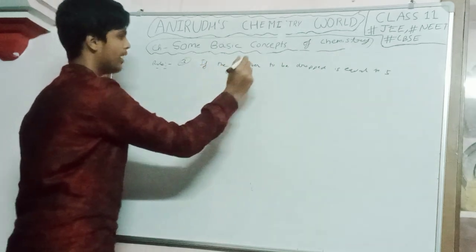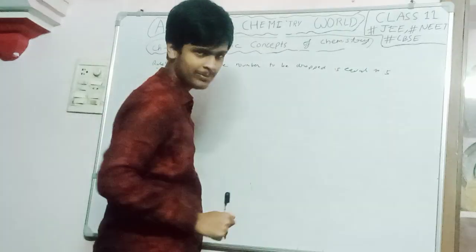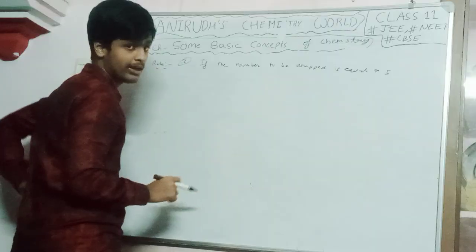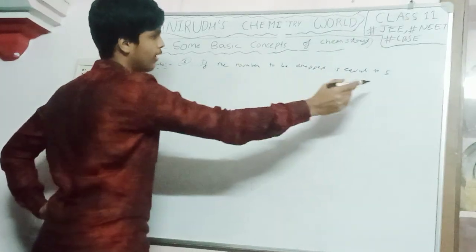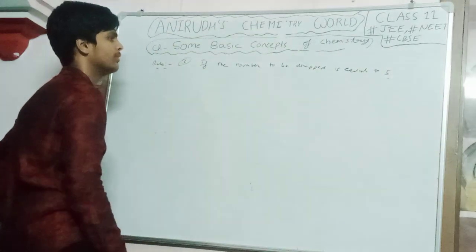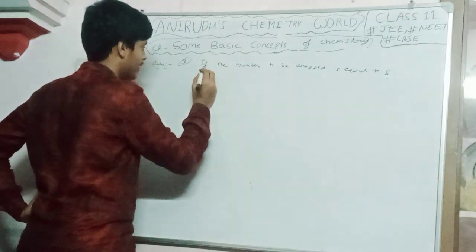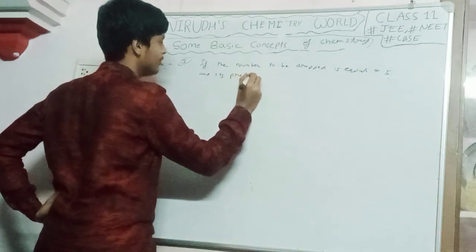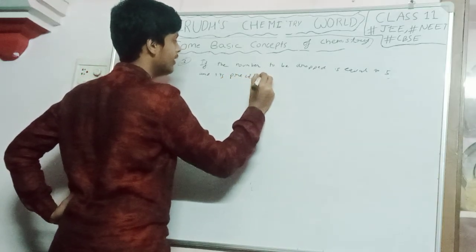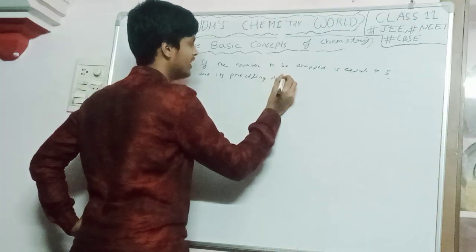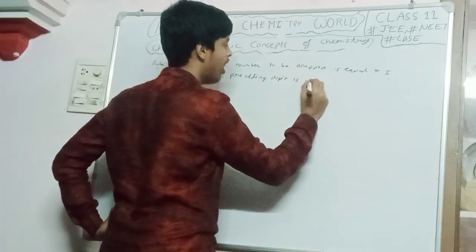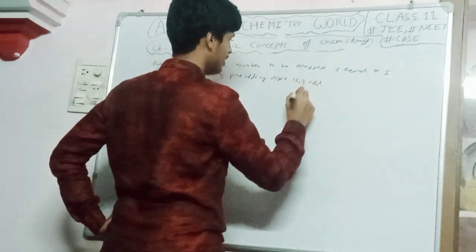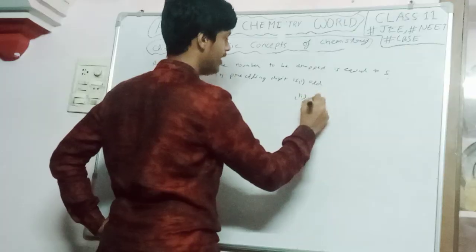If the number to be dropped is equal to 5, it means we are truncating, dropping the value of 5, and its preceding digit is odd. First case, odd; second case, even, we will see.